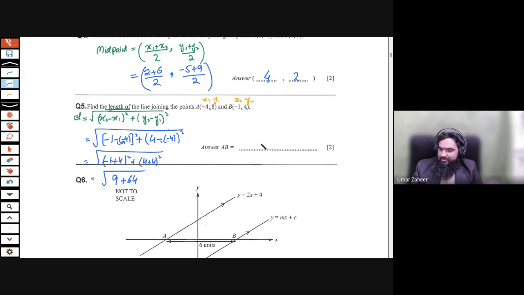So the final answer will be root 73, or you can write your answer in decimal form as well.